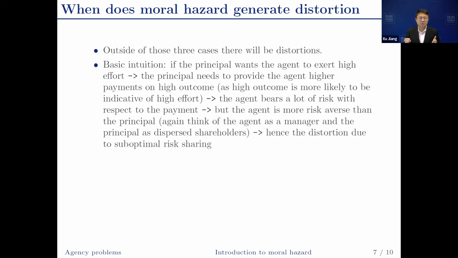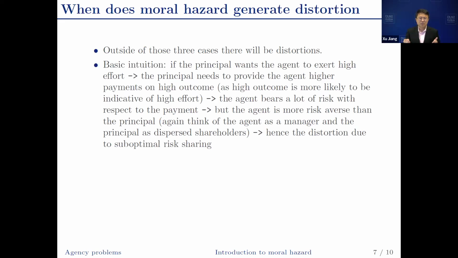So I'm going to reward the agent for higher outcome by paying the agent a higher amount, and penalize the agent for lower outcome by paying the agent lower payments. In this case, the agent is going to bear a lot of risk with respect to the payment, because the agent's payment is going to fluctuate with outcome, which is random, even when the agent exerts effort.